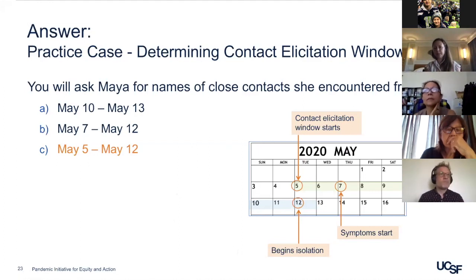It's really based on the beginning with 2 days prior to symptom onset or test date. It's really just that period that they are infectious and in contact with other people that we want to elicit the close contacts. So we can't give it a set date here.